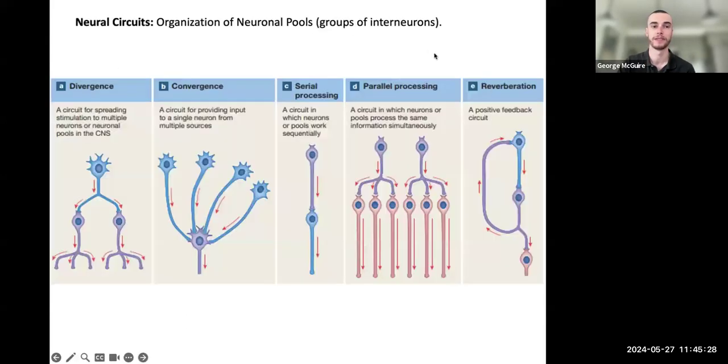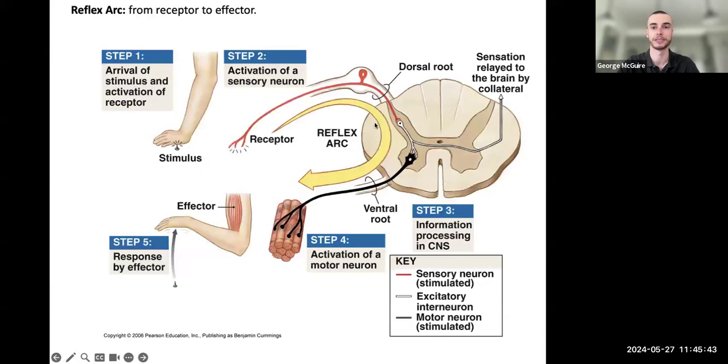So those interneurons can be organized in a few different ways, depending on what the pool looks like, how that information is going to be transmitted. I think it makes more sense to skip to this really quick. So we have our receptor stimulating the sensory neuron. The sensory neuron brings the information to the spinal cord, where it synapses with an interneuron.